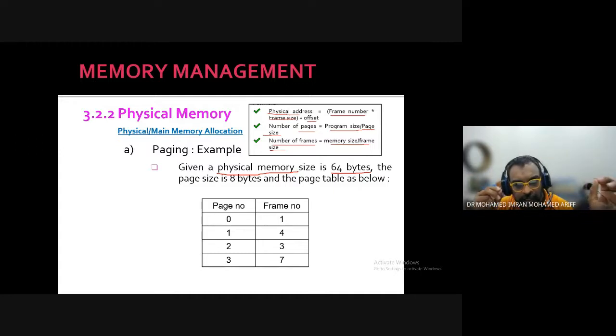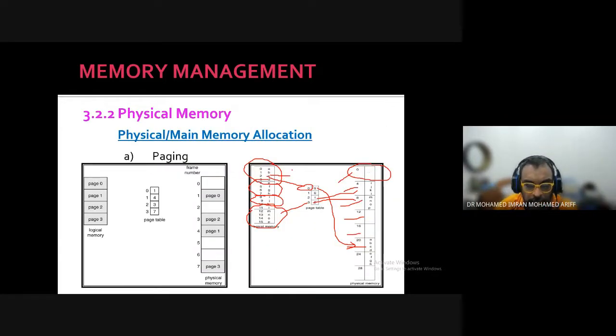Okay. Page size is 8 bytes. So meaning each page ni ialah 8. So if this page size is 8, the frame size pun is the same, 8 as well. Remember, page size equals to frame size.